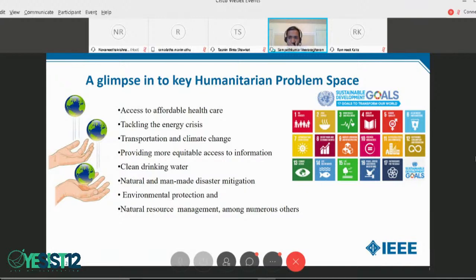Now, what we see here is that these 17 goals were initially treated as each focused on addressing one key area of the challenges faced by the global underserved community at large, whether in poverty alleviation, education, or providing access to differently abled people, and so on.